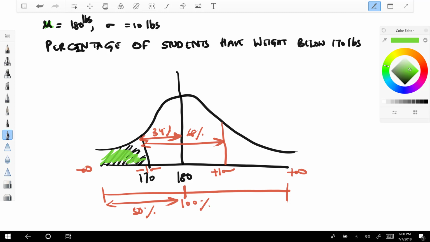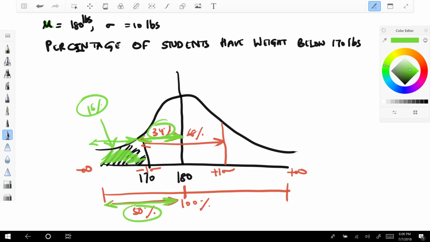If I do 50%, which is this half, minus 34%, this would be 16%. The other way is this plus this: 16% plus 34% should give us 50%.